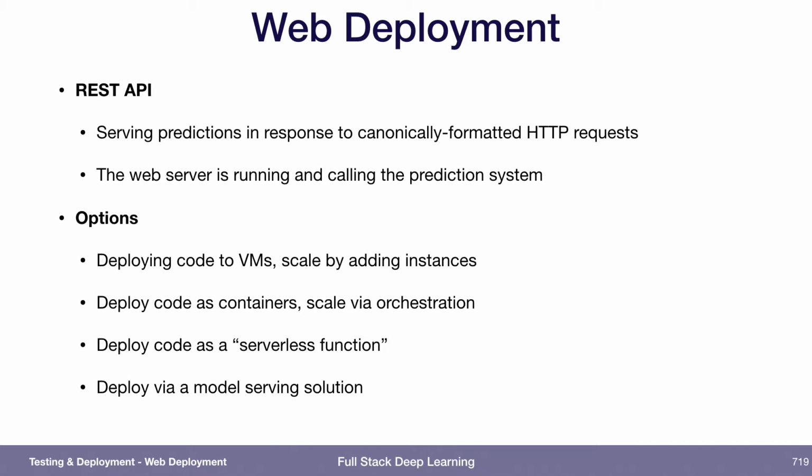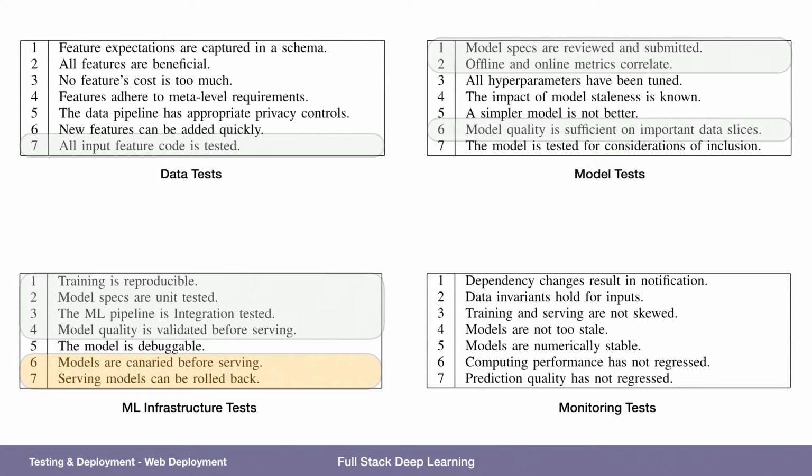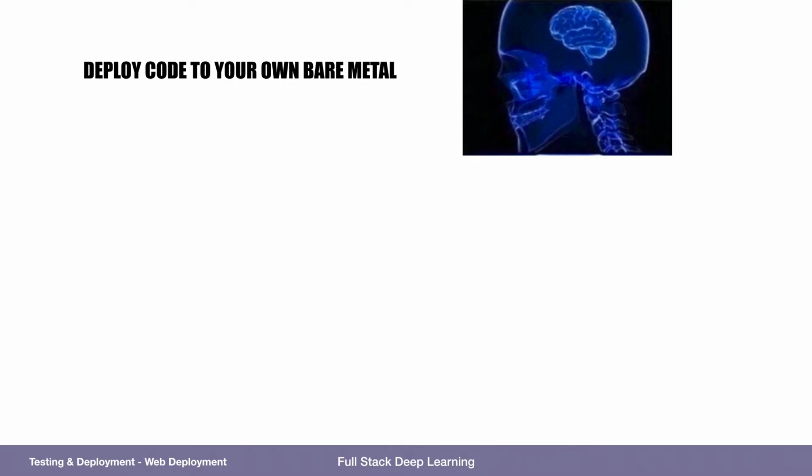Those are the 4 options I see for a web deployment. This covers the prediction system, the serving system parts of our project. And I think the relevant tests here are canarying models before serving, being able to roll them back, and probably that might be it.